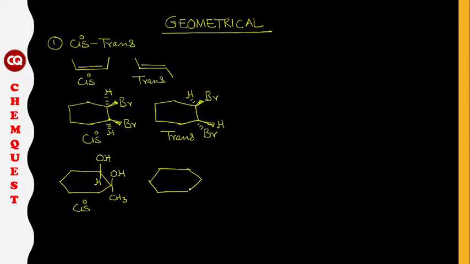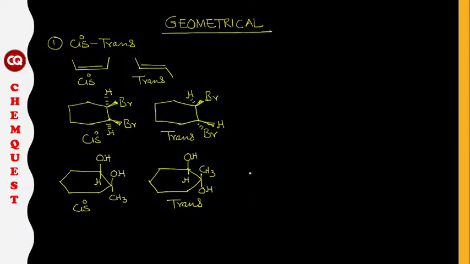But in this case 1 OH group above, H below, and in another case CH3 above and OH below, it is trans. That is the cis-trans category. We have already discussed the cis-trans category.